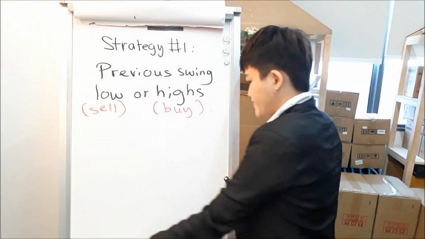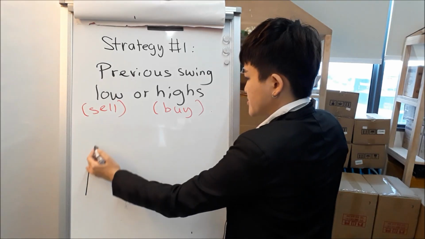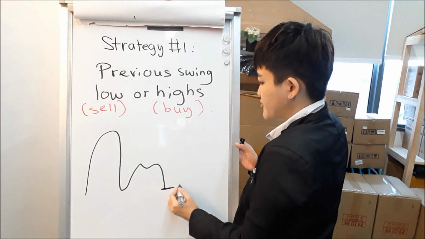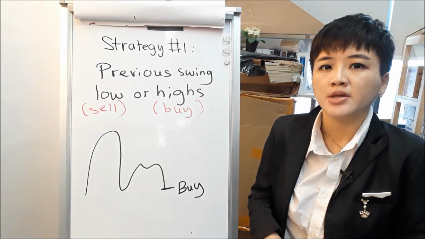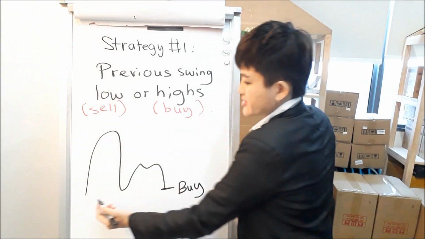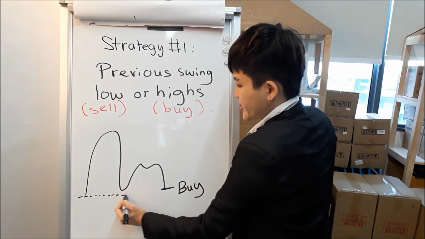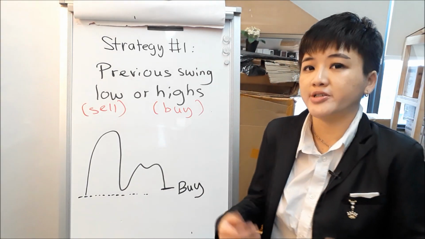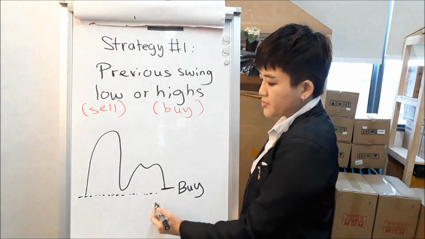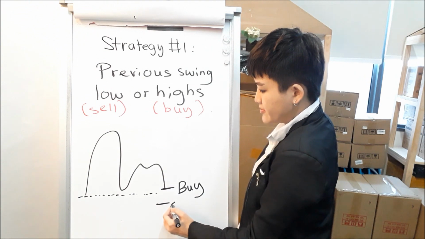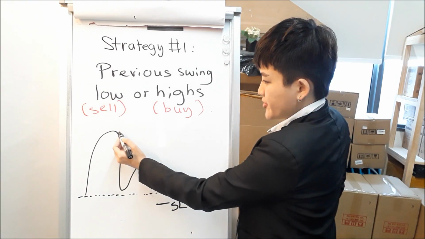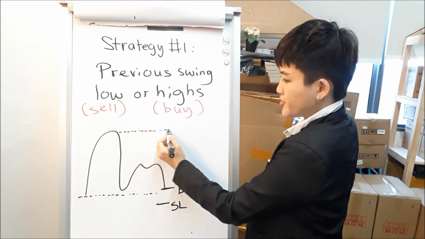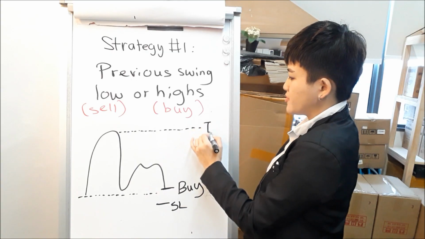For example, let's say the price goes like this and you decide to buy over here. Assuming there's a previous very strong support over here, so you're buying on a retracement trade, you will put your stop somewhere below the very strong support. You will set your target price at the most recent swing high, which is over here.